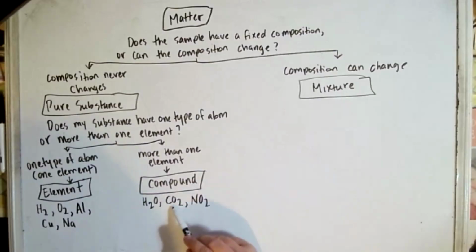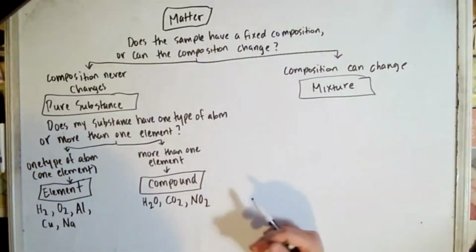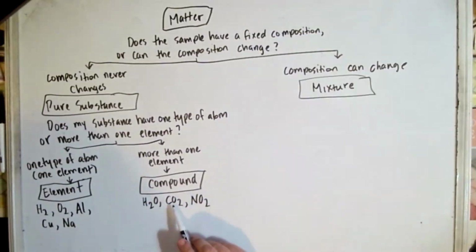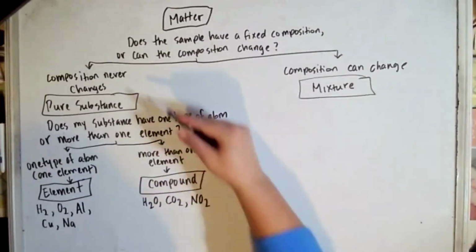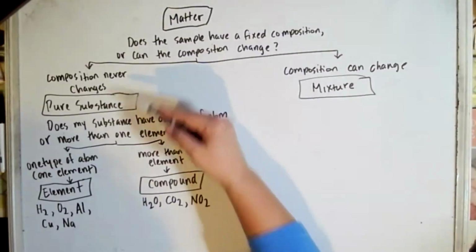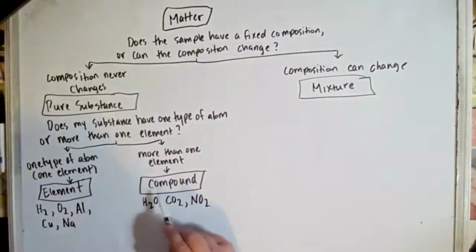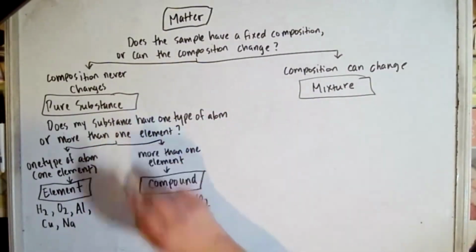But if you look at any sample of carbon dioxide, for instance, regardless of where you get the carbon dioxide from, carbon dioxide will always have one carbon for every two oxygens. Okay, so its composition never changes. So both of these are pure substances still.